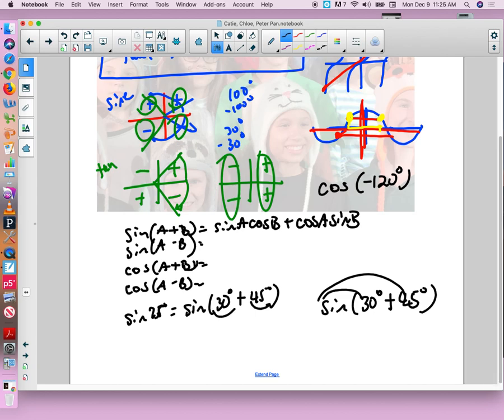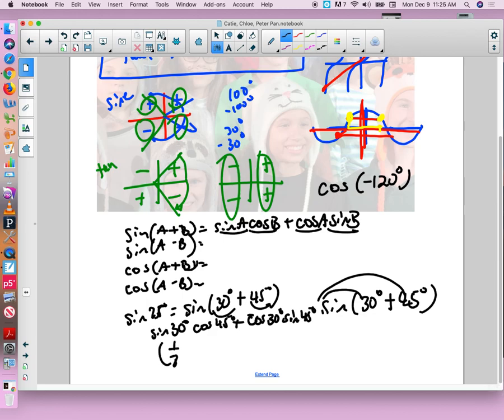This is A and this is B. I'm going to go sine A cosine B plus cosine A sine B. For the first one, is it sine A plus cosine? Wait. It's sine A cosine B plus cosine A sine B. So it's like cosine 30, sine 45. Sine A cosine B plus cosine A sine B.